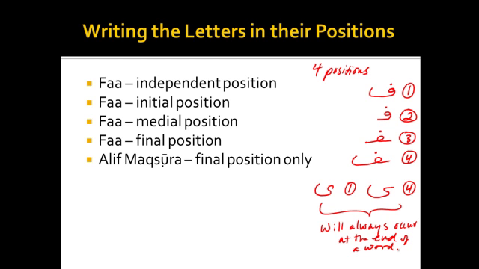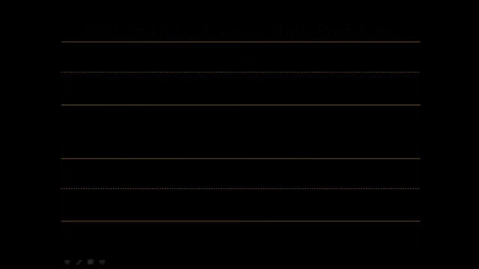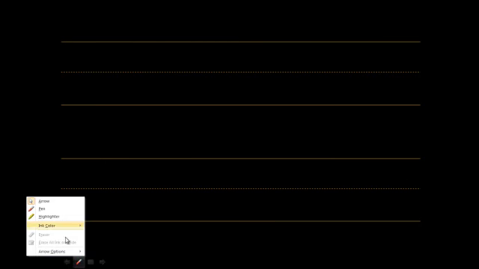Now let's write these letters together and practice. I'm going to change my color to yellow. Okay, so we're doing the Fa here. And the Fa in the independent position looks like this, with the dot like that.